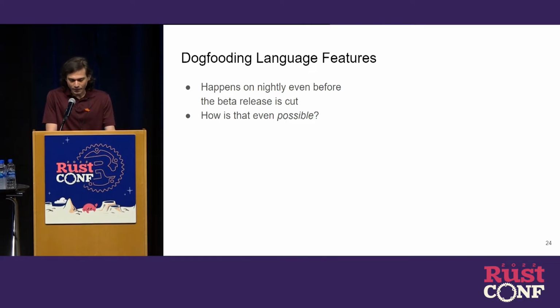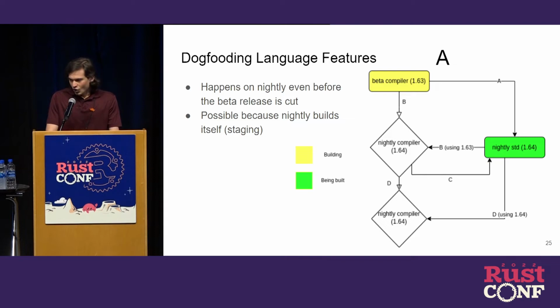We use something called staging, which is we use two different compilers to build RustC. So the way this works is first we build the standard library with the beta compiler, like I talked about earlier. Then we use the beta compiler and the newly compiled nightly standard library to build the nightly compiler, so we can start using library features. Then we rebuild the standard library with the nightly compiler.